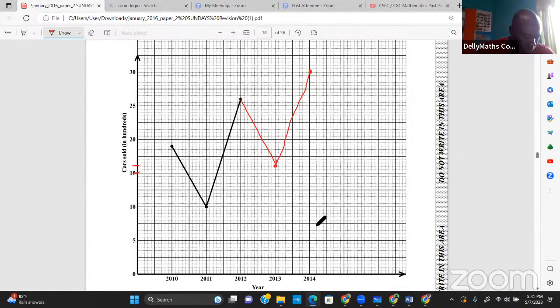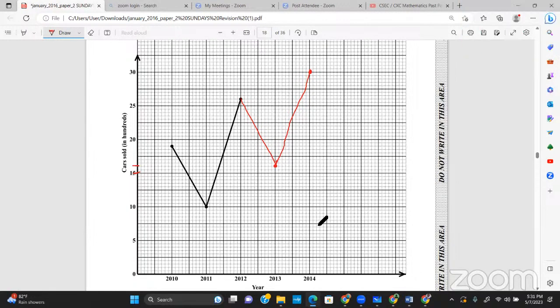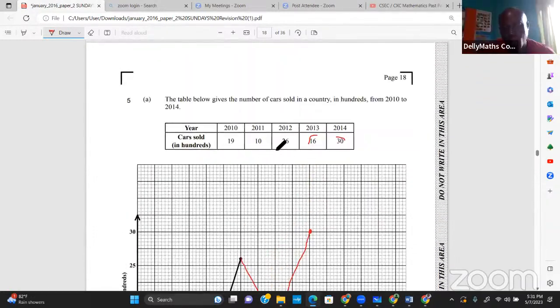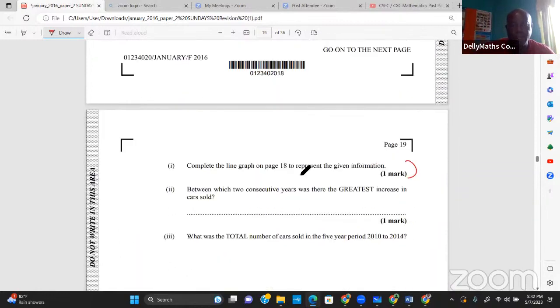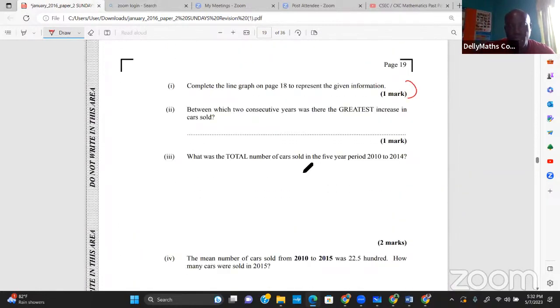It looks like 2011 to 2012. Yeah, all right, 2011 to 2012. And you could subtract here to see the difference. Like we got a 16 jump there. That's the biggest jump we saw. So this is going to be between 2011 to 2012.